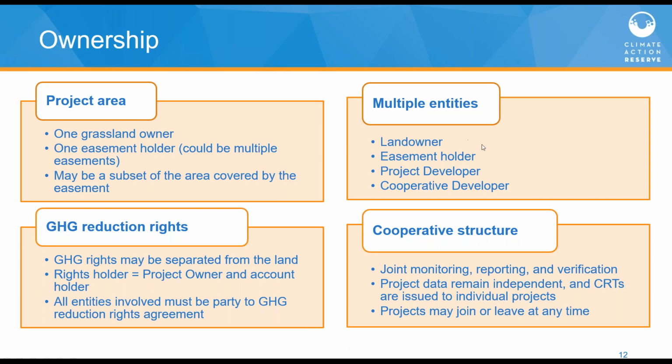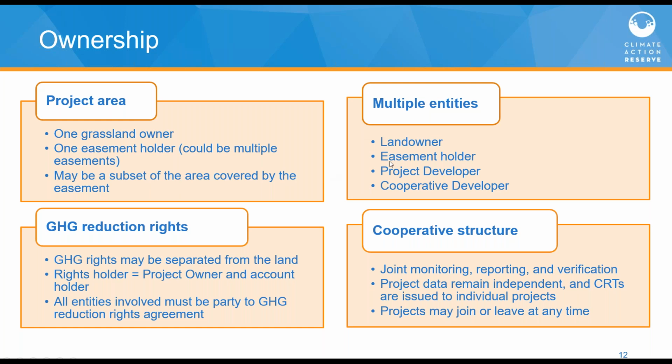Each project is going to have a variety of different entities involved. As I said, there's going to be the grassland owner. There's always going to be the easement holder. There's going to be a project developer, who is actually doing the work of submitting forms, dealing with the registry software, answering questions and hiring verifiers.